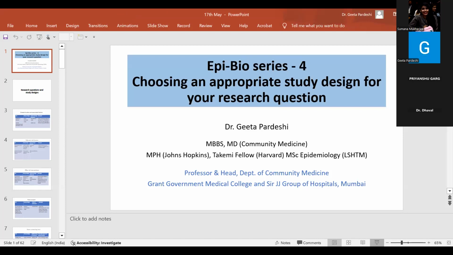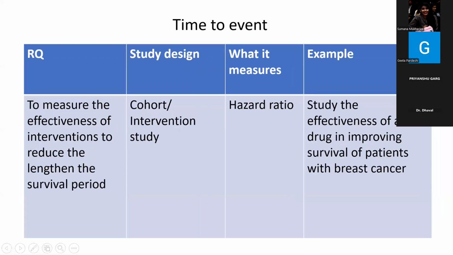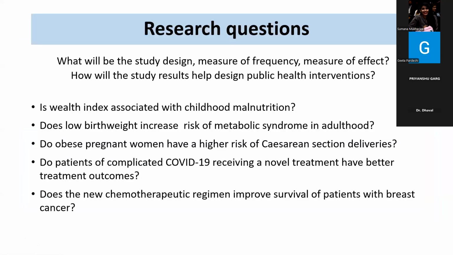So what you said was right. But what is the issue with the study design you have mentioned? Ma'am, loss to follow-up, from birth to the development of metabolic syndrome. What is the common age group in which metabolic syndrome occurs?